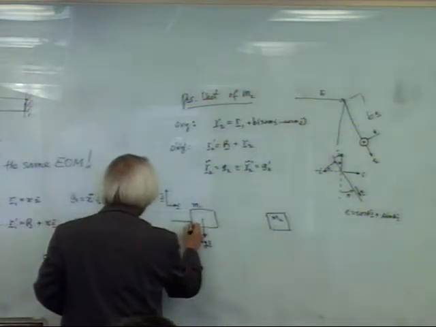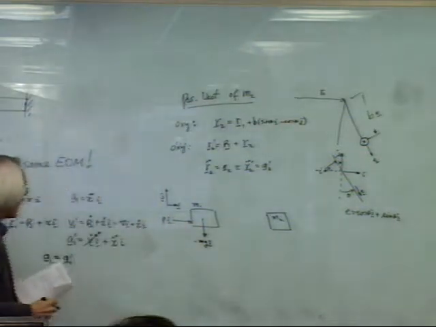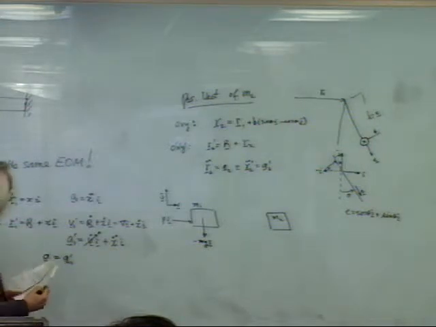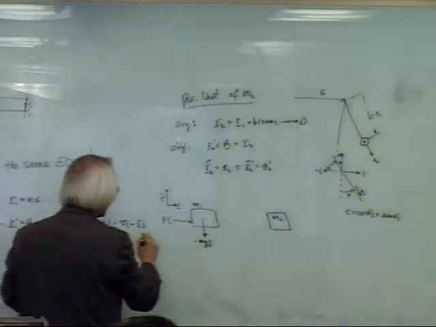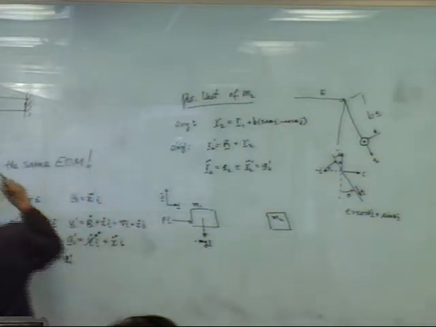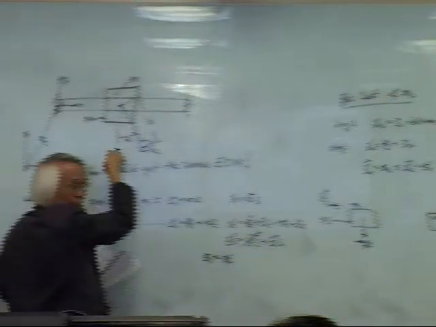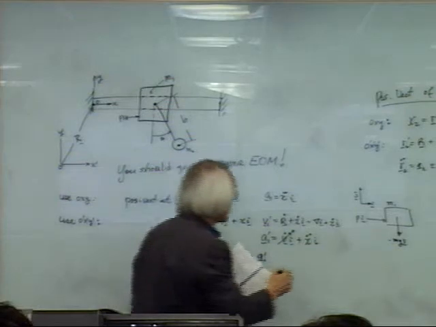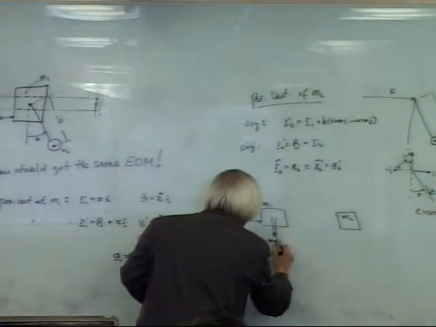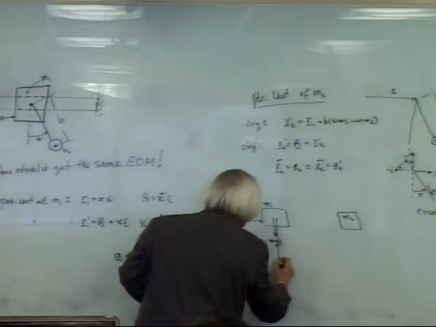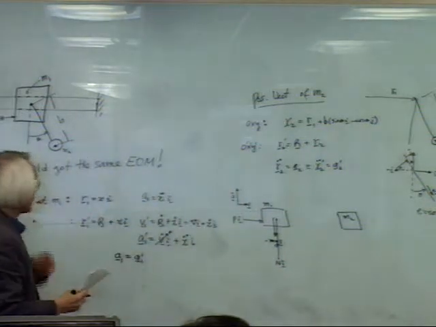There's an applied force, P i. Okay? Since I take this guy out, there is a reaction force, because this rail is the one supporting this weight, right? So there will be a reaction force over here, which, since I don't know it, I will just call N j. Okay?